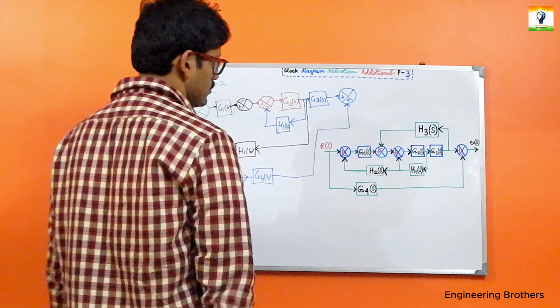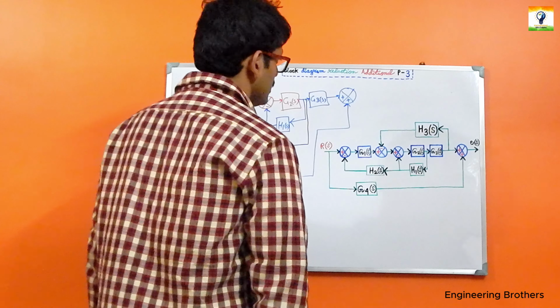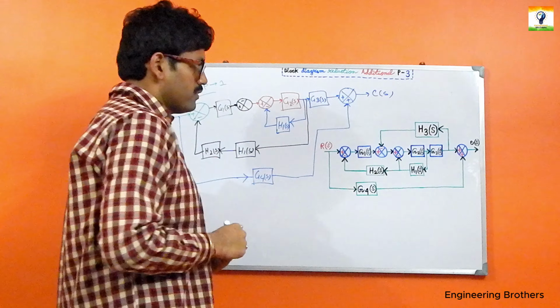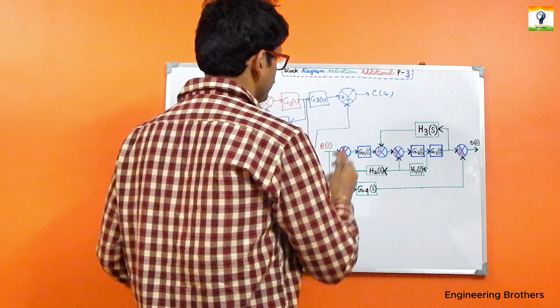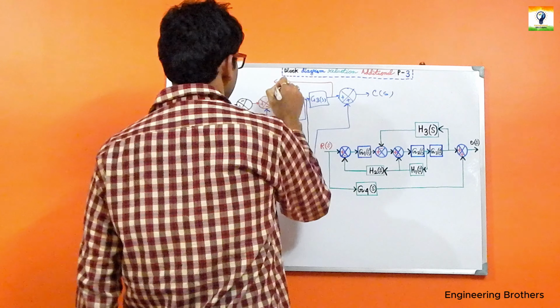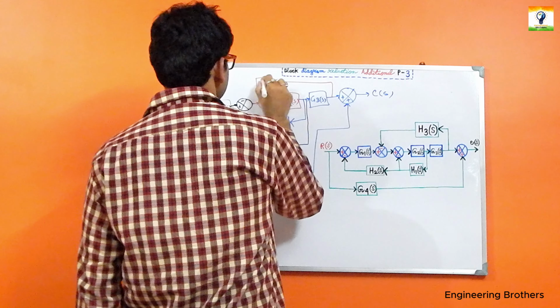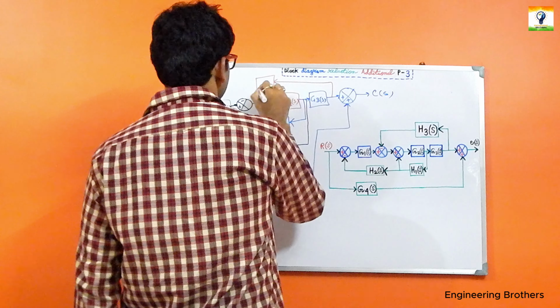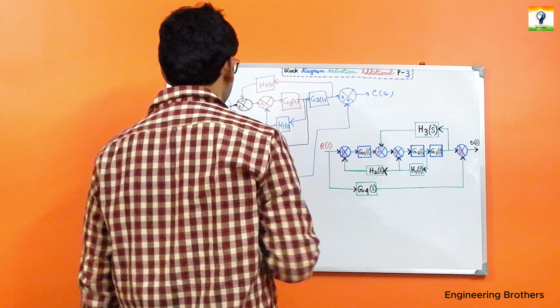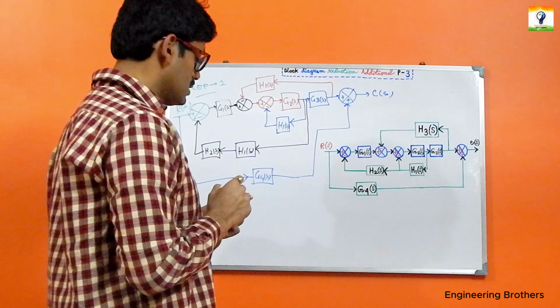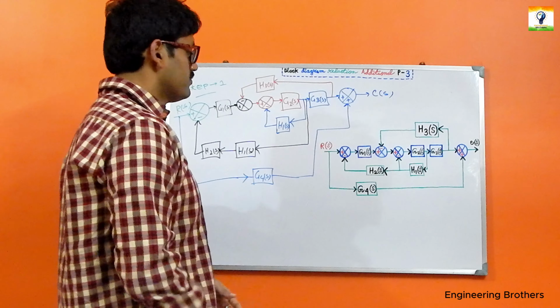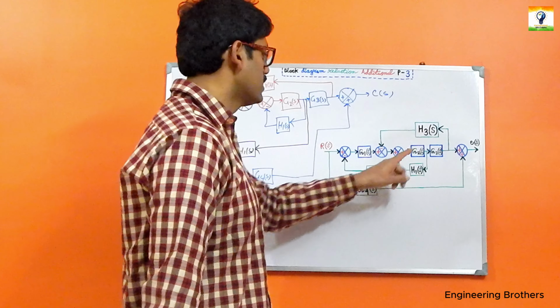This is G4(s), making an entry here, and ultimately this is going to be C(s). From this path we have H3(s), which makes an entry at the summing block as the negative signal.